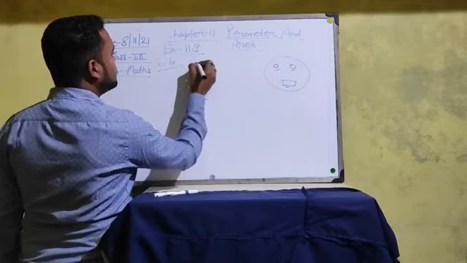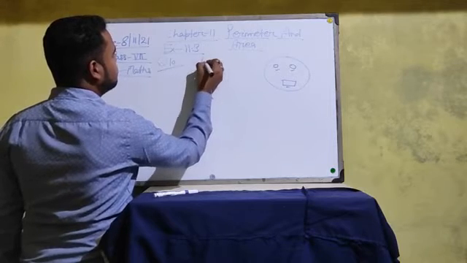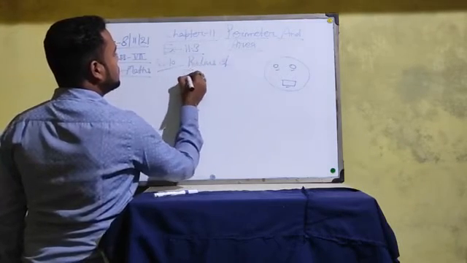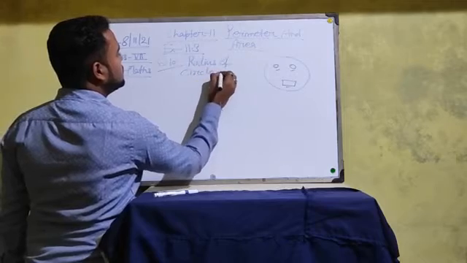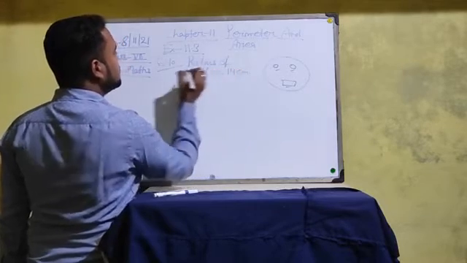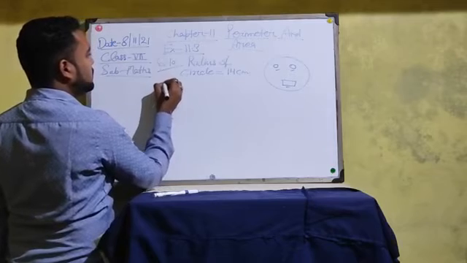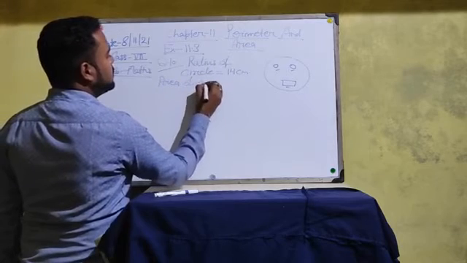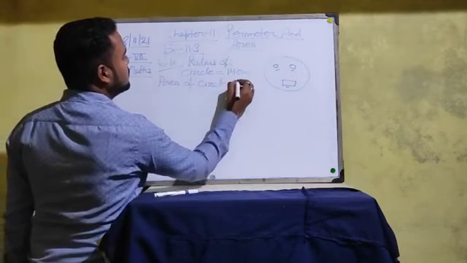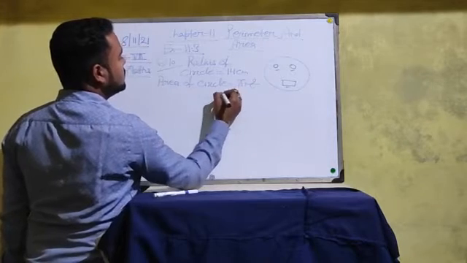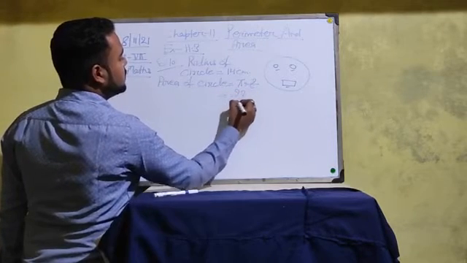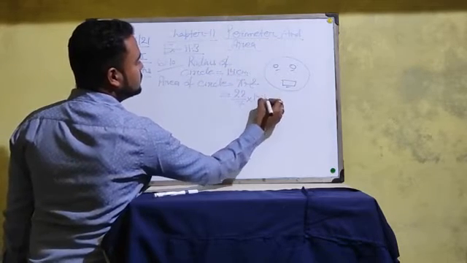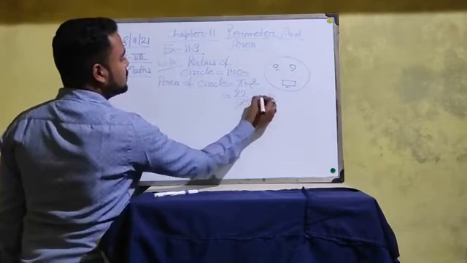So now write down the information given. Radius of circle is 14 centimeter. So now we calculate the area of circle. As we know the formula pi r square, we have to take the value of pi as 22/7 and r the value given here, 14 centimeter. 7 2s are 14.